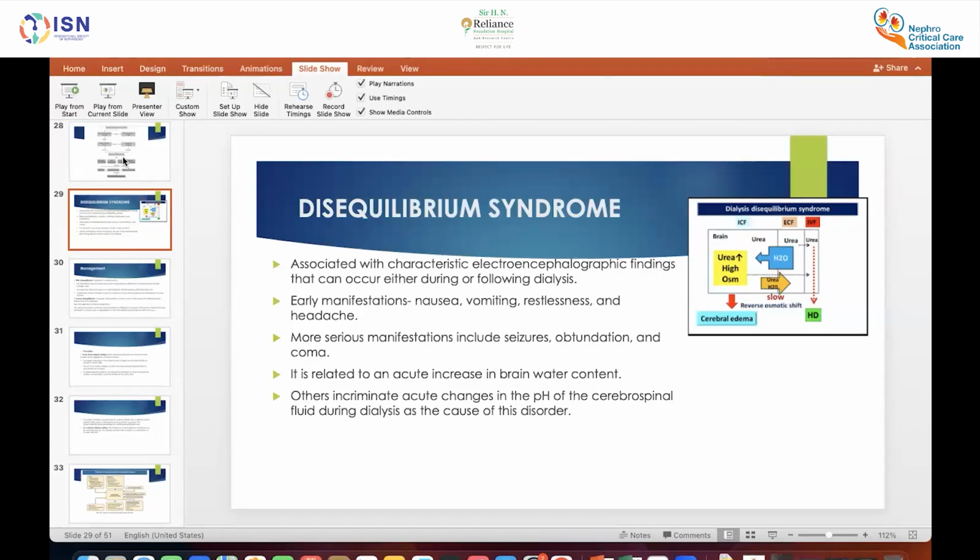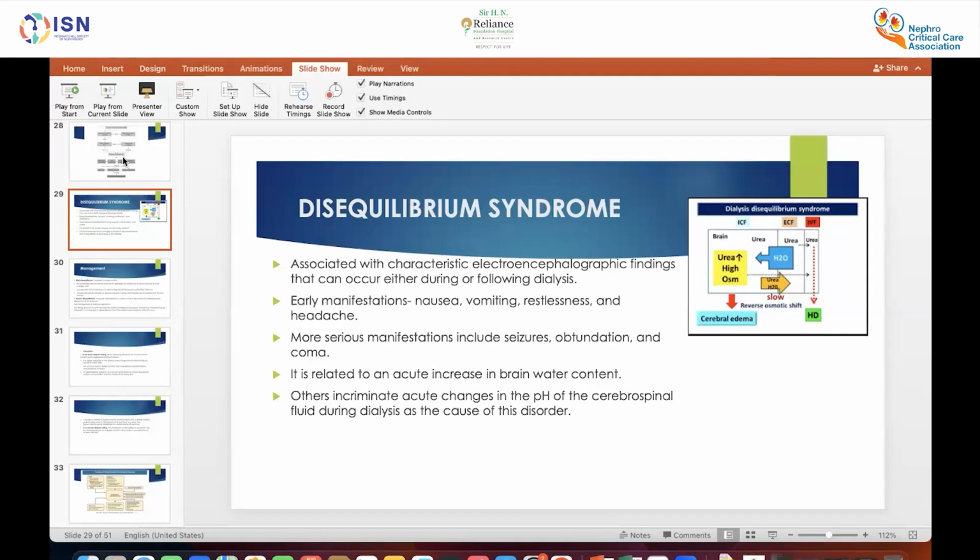I'm not saying that pH change will not happen, but besides pH change, there is an osmotic imbalance which is very much essential to happen. What happens here? You can see here, there is a brain cell which has been depicted on the right side top corner, which you have shown.